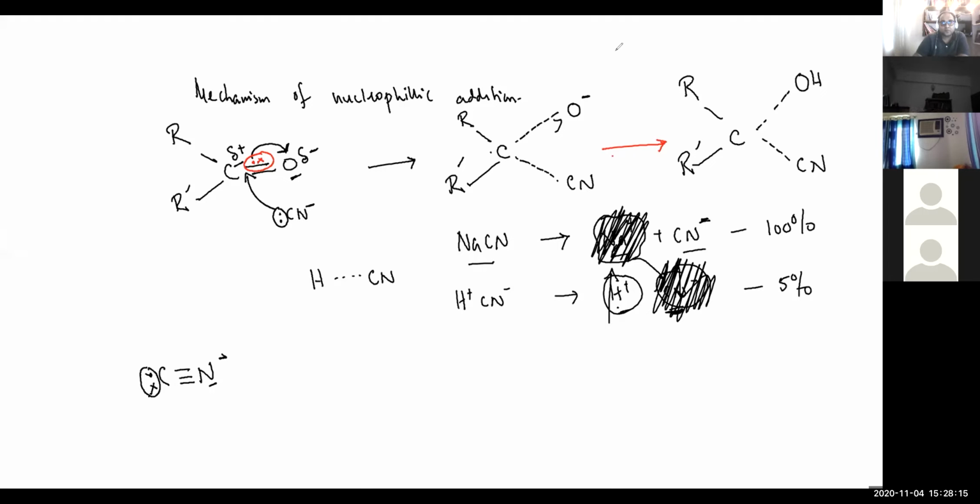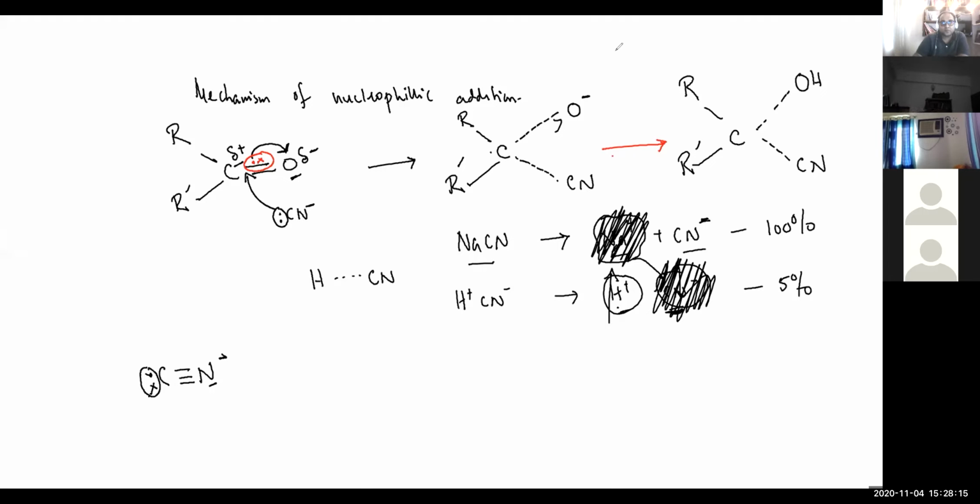So we take HCN as the reagent, and we take traces of NaCN as a catalyst. At the end of the reaction, we get back the NaCN. It could be NaCN or it could be KCN. They act as a catalyst.